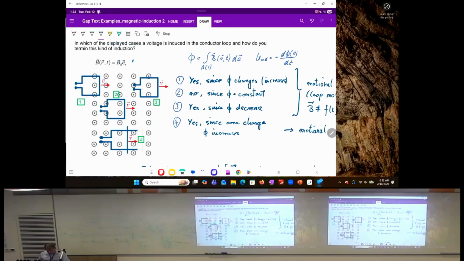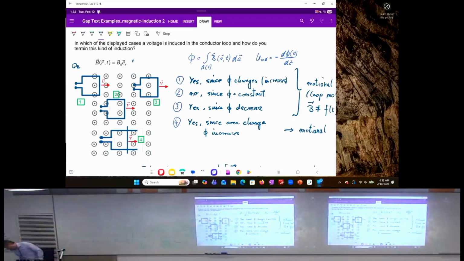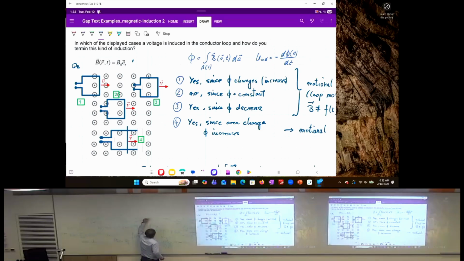Yeah, the Z is going out of the plane. And if you look at the magnitude of the magnetic field, let's call that X, Y, and this is our Z here.